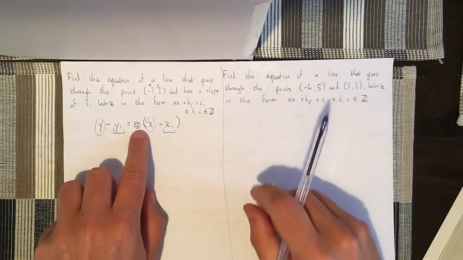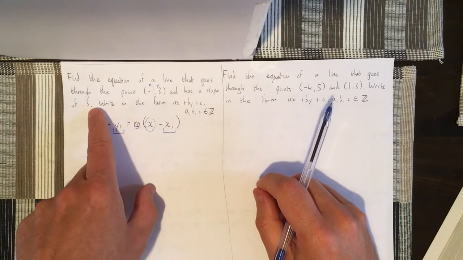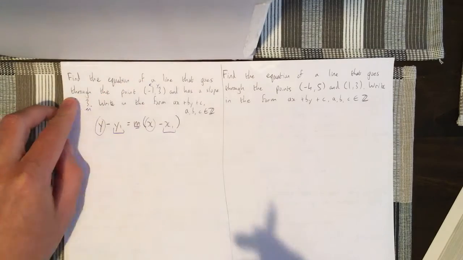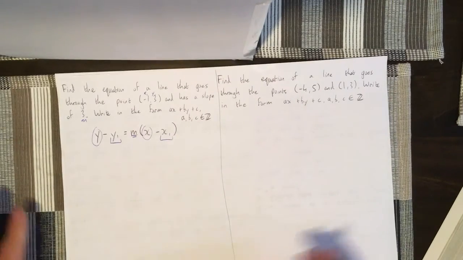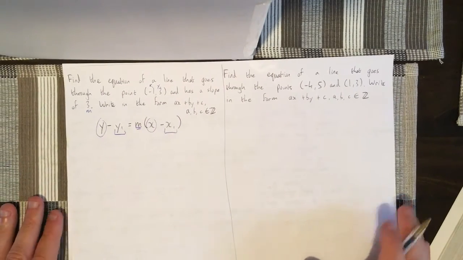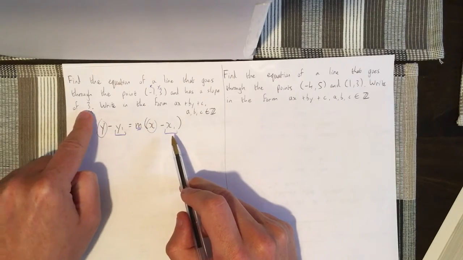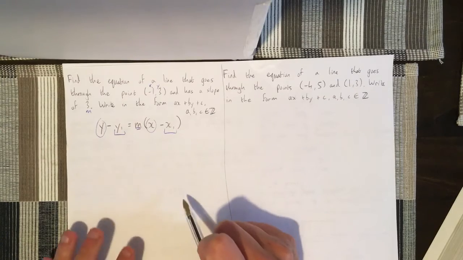So m, I'm subbing in the slope of the line, and I'm given the slope in this question. So I'm going to sub minus 1, 3 in for x1, y1, and I'm going to sub 3 in for m, in for the slope.